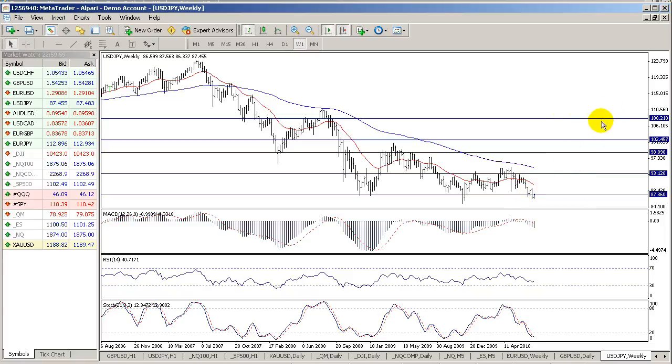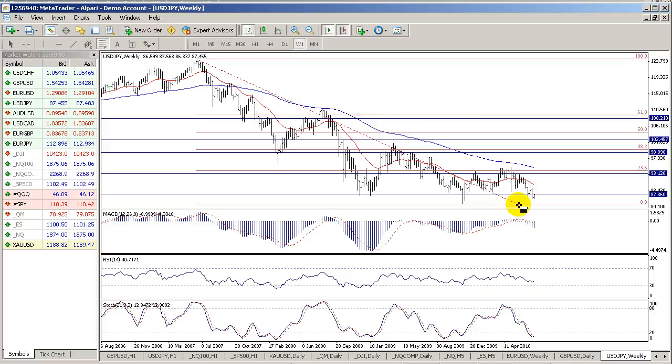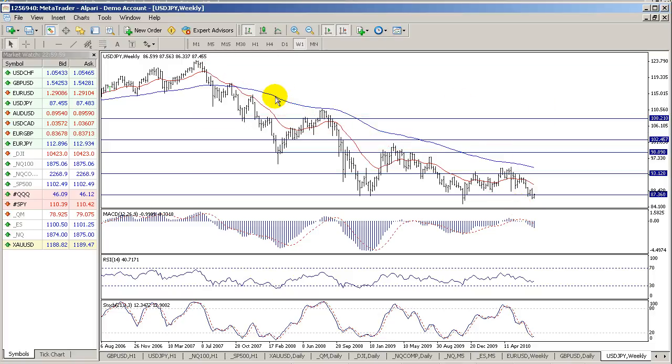Well, it can go up to the 108, 110 area, where the 62% retracement of the entire bear market is located. So a huge move lasting several months or possibly years on the upside is likely to start sometime in the fall of this year.